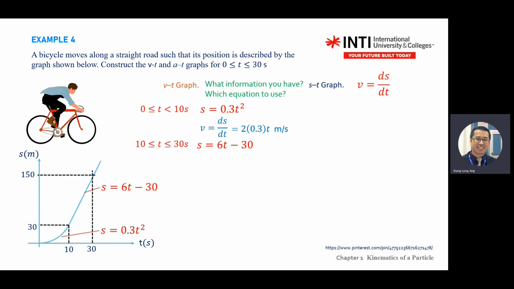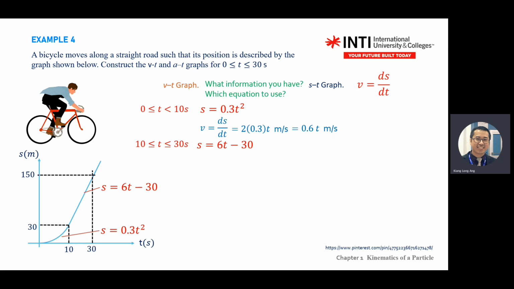So you differentiate ds dt, move 2 to the front. This one minus 1, 0.6 t. Make sense? Okay, V equal to 0.6 t. What is the form of graph?